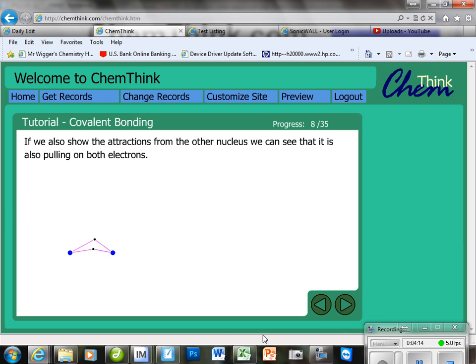The bonding is that this atom's nucleus is grabbing the electrons from this atom as much as it can, and this atom's nucleus is trying to grab the electron from this atom. And so it's a real tug-of-war that's constantly going on between them.